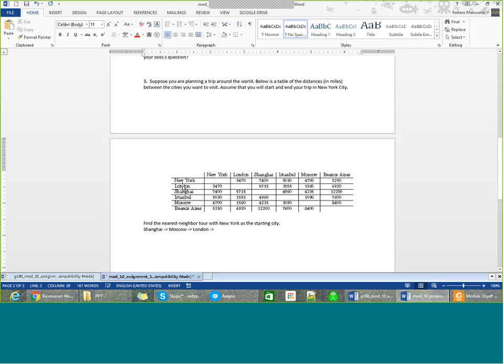Then I look at the London row. So New York 3470, Istanbul 1555, Moscow, we're going to skip that, and Buenos Aires 6920. So of the remaining cities, it looks like Istanbul is the cheapest.